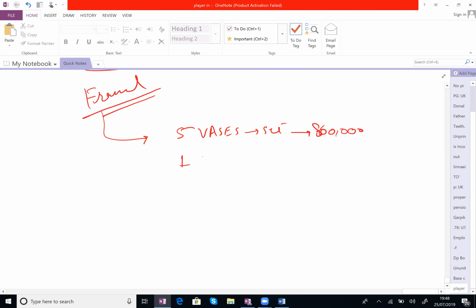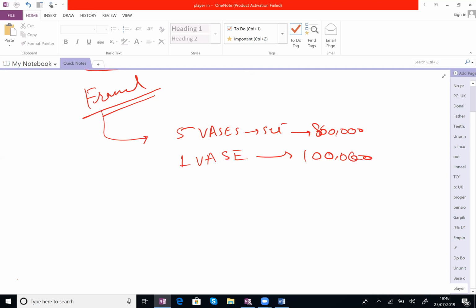And one vase's separate value is, for example, 1 lakh. If you gift me the set of 5 vases together, on how much value will you pay tax? 8 lakhs.